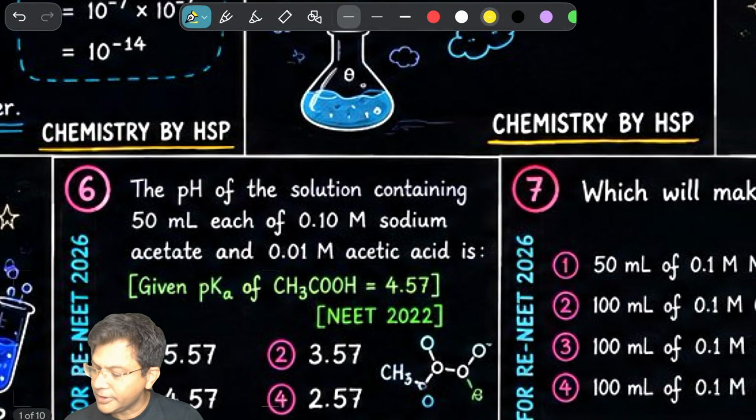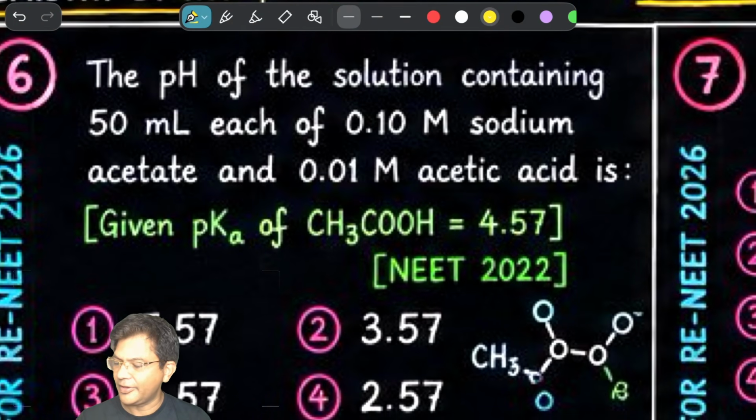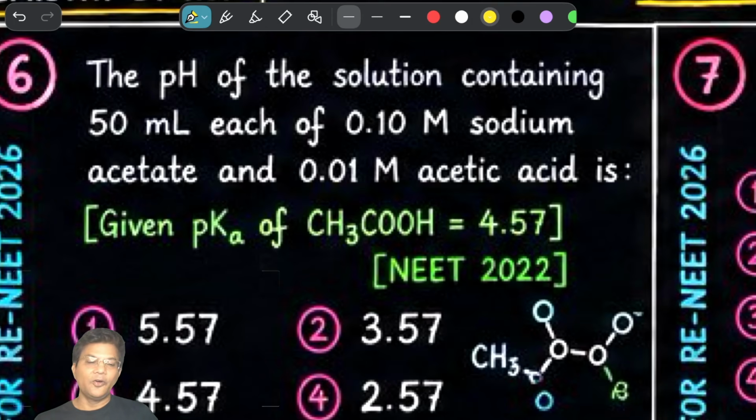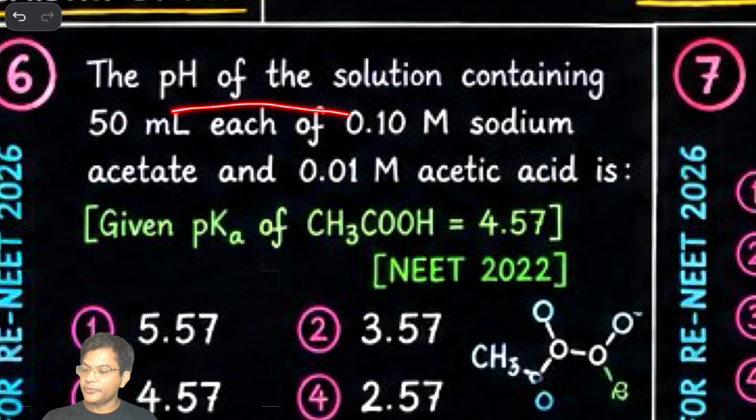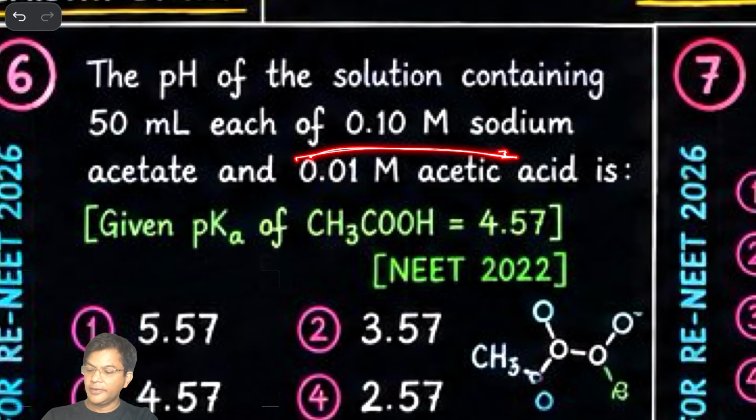This is the question. Read it out. NEET 2022. The pH of a solution containing 50 ml each of, that means the volume is the same, this is salt and this is acetic acid.